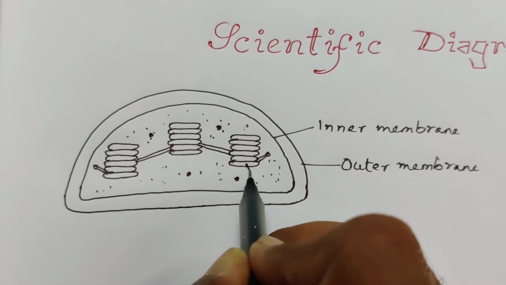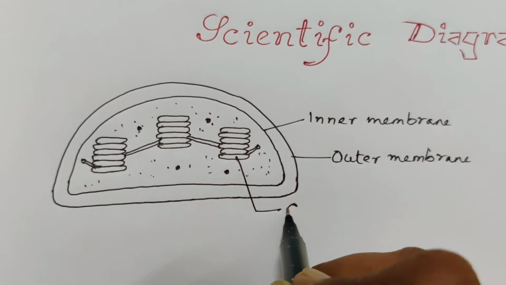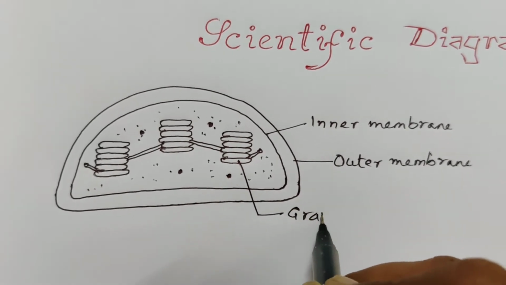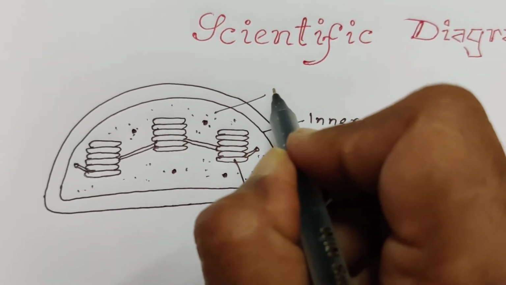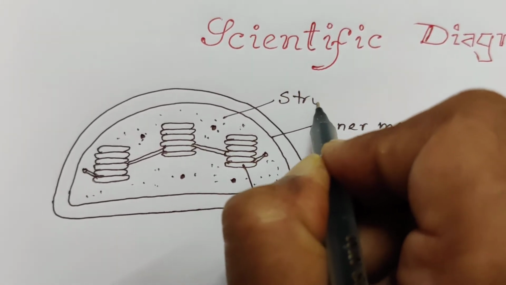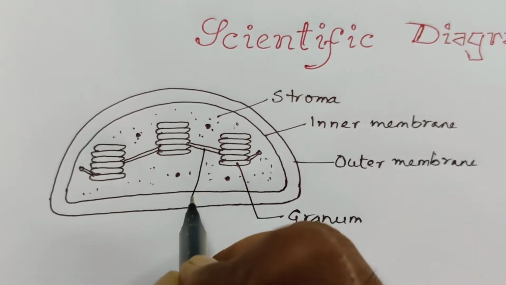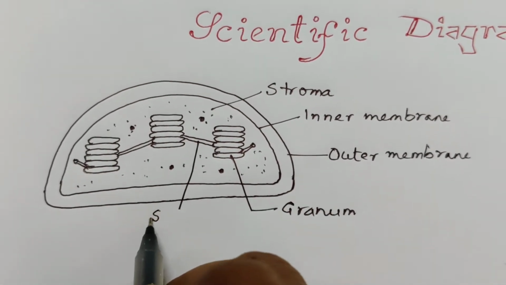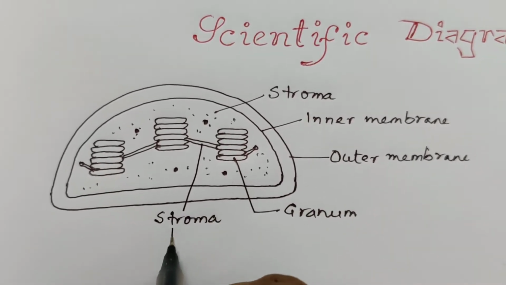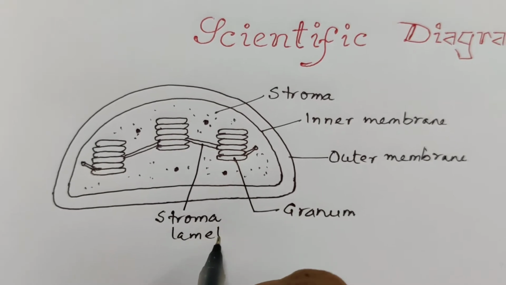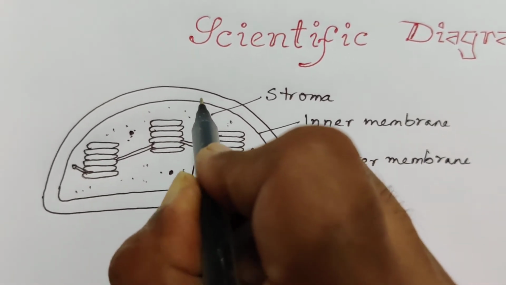Suppose this whole thing we call it granum. This is stroma. These are called stroma lamellae or fret. And this is ribosome.